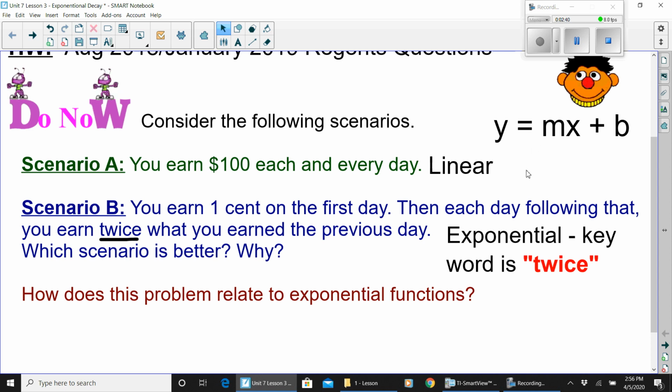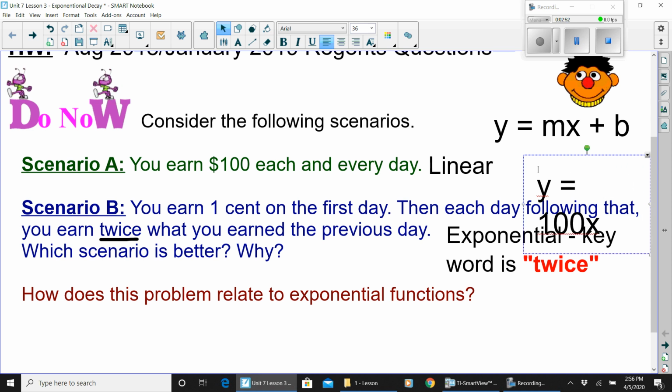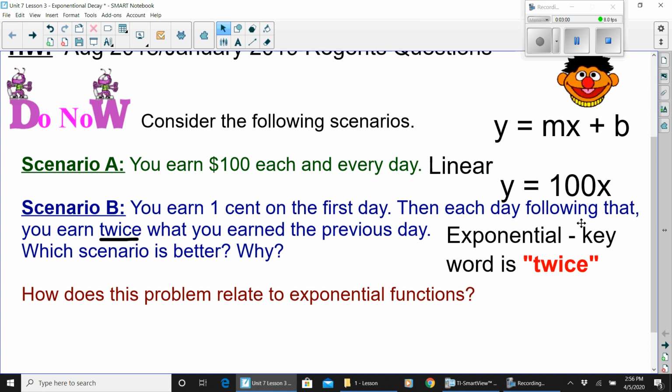So you know that the b is the 0, that's the initial value, and it would be y equals 100x. Hopefully you understand what that is. And remember, 100 is the rate that you're earning each day.